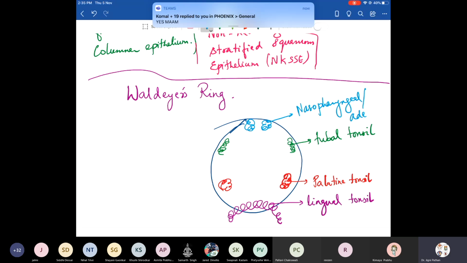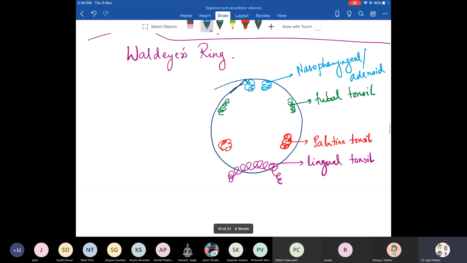So basically, how many tonsils does the pharynx have? Four tonsils. So let us write this down.